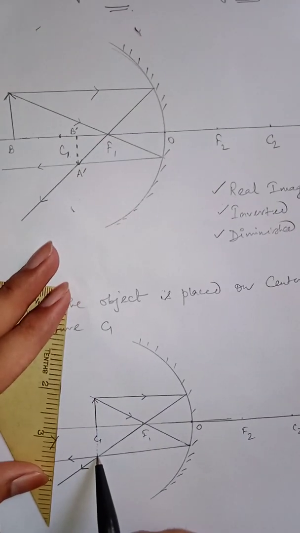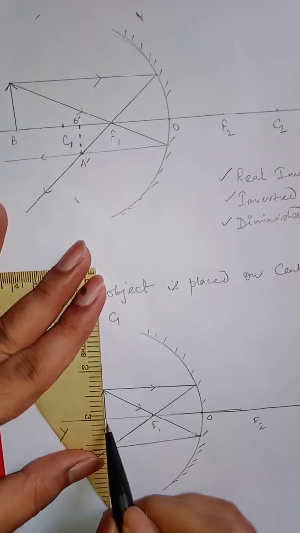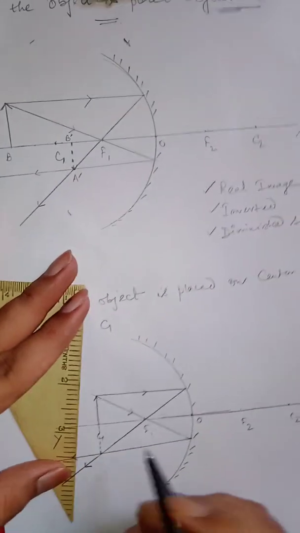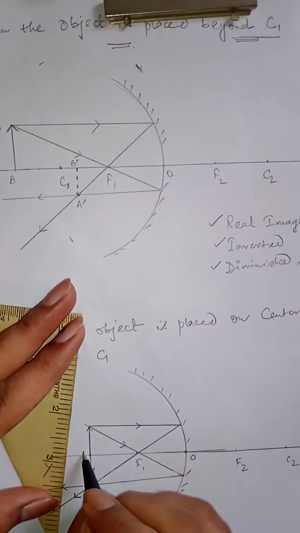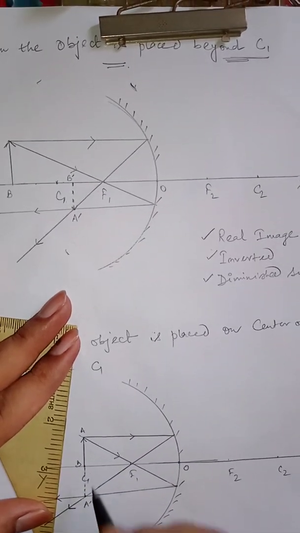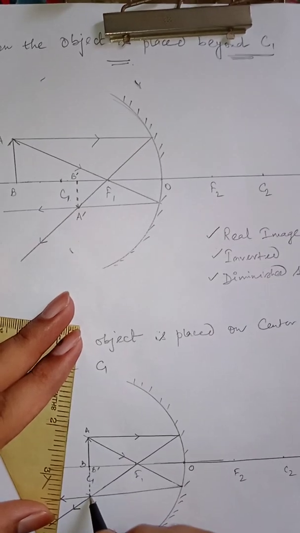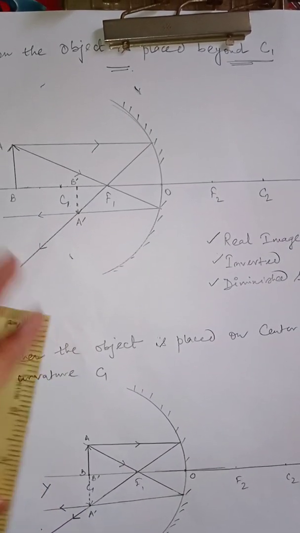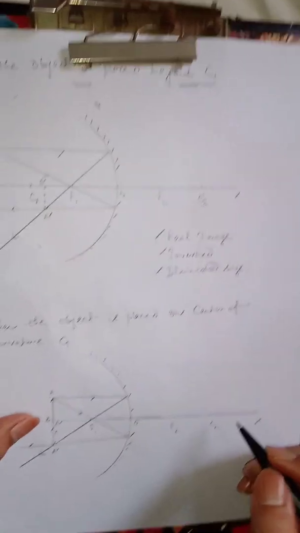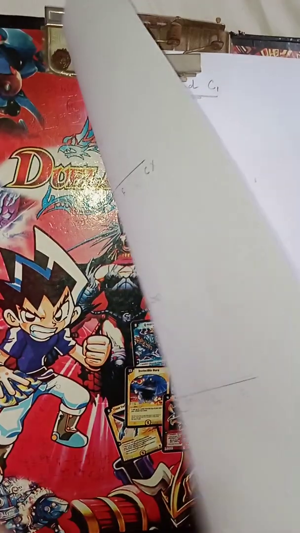So the point of intersection of the two rays is this one. If I draw the dashed lines, you can see the image formed is exactly A dash B dash, and the image is formed exactly at c1. So if somebody places an object at the center of curvature c1, then the image will be real, of course.